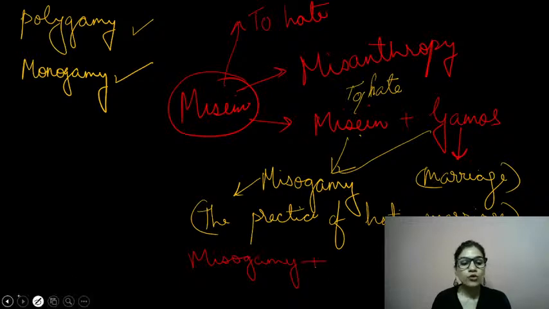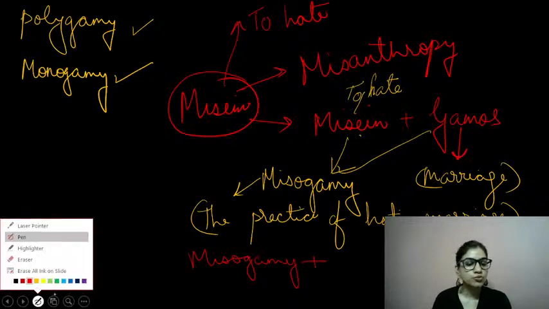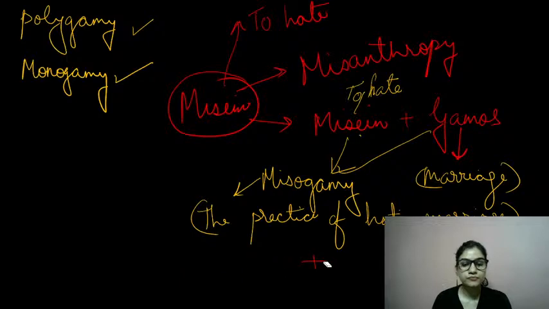If I have miso plus gamos plus ist, this is what I have, right? So this refers to a person who.